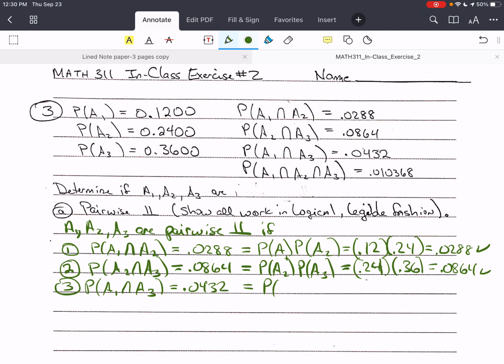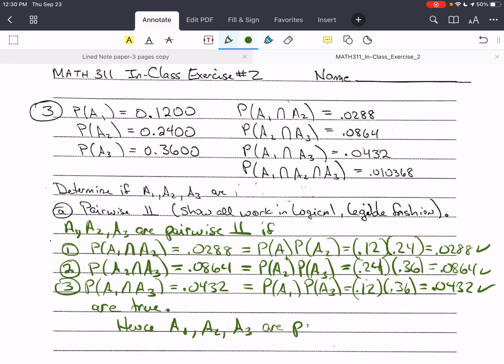If this is equal to the probability of A1 times the probability of A3, which is 0.12 times 0.36, which is in fact 0.0432. So all of these are true. Hence, A1, A2, A3 are pairwise independent.